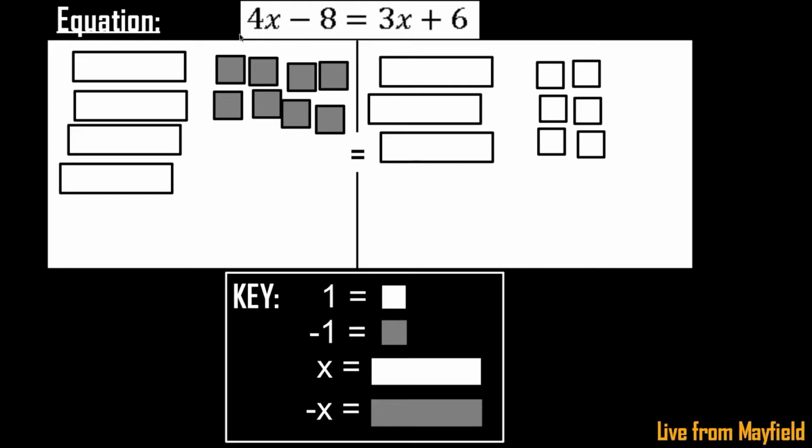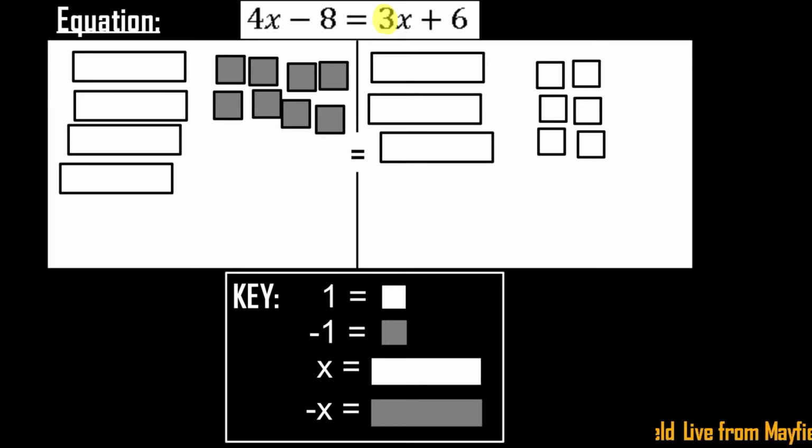Which of those two is the lowest? We know that 3 is lower than 4, so this is going to be our lowest coefficient. Let me highlight that real quick. That's what I add the opposite of to both sides, so that I have a nice clean answer.